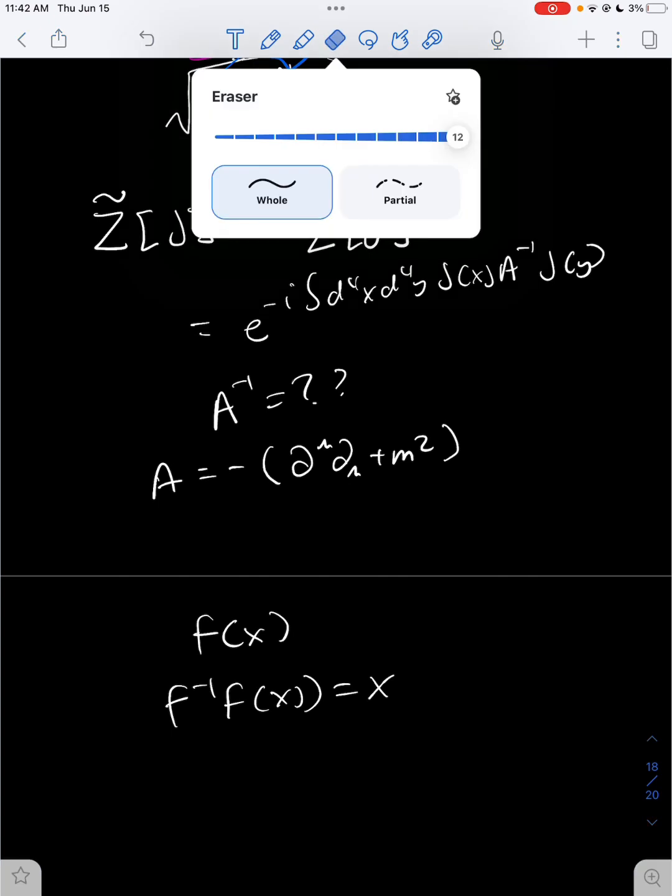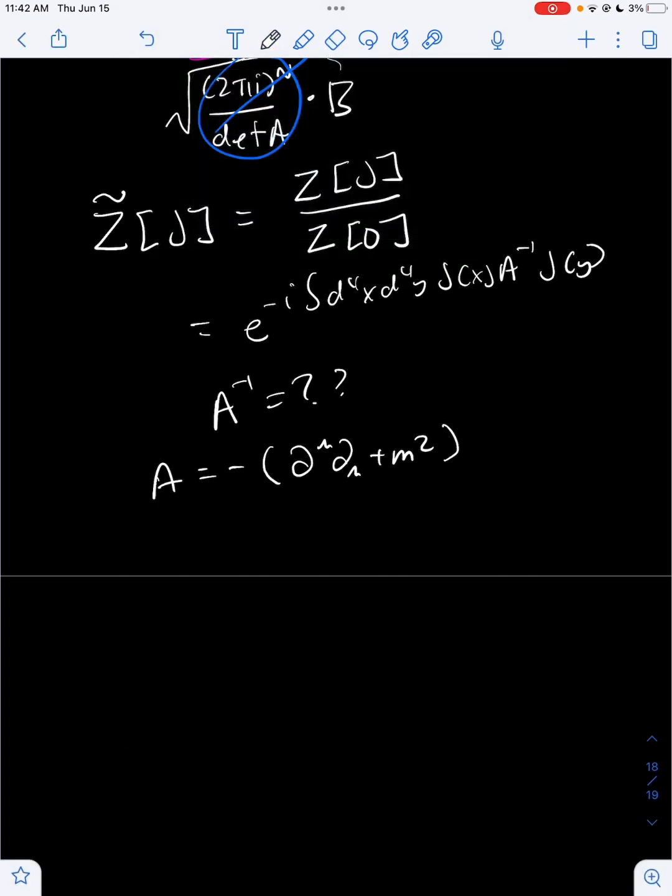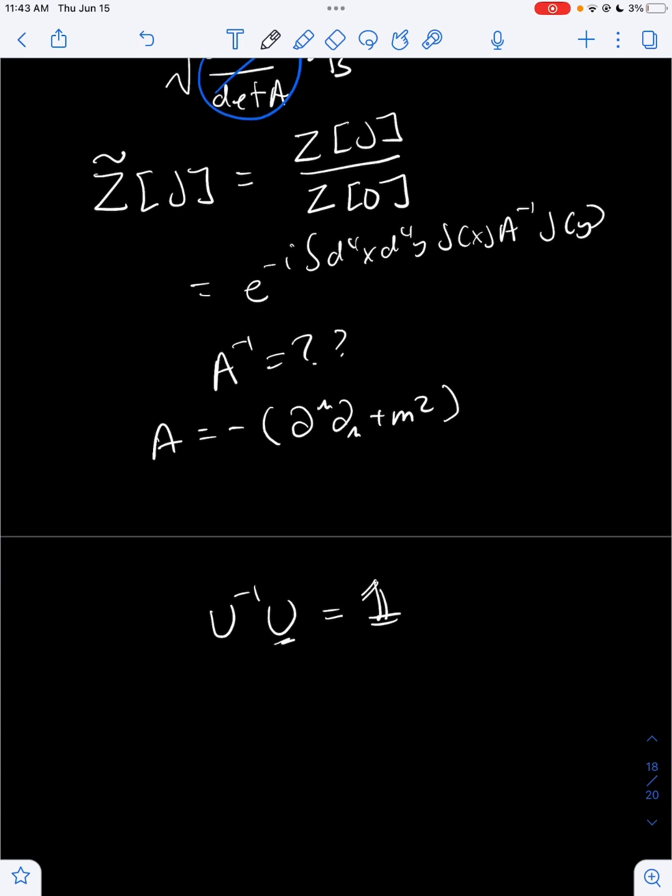Now the inverse of an operator, so say we have an operator, let's call it U. The inverse is going to be something that acts on U and gives us the identity. Now the identity in matrix form is the Kronecker delta ij.